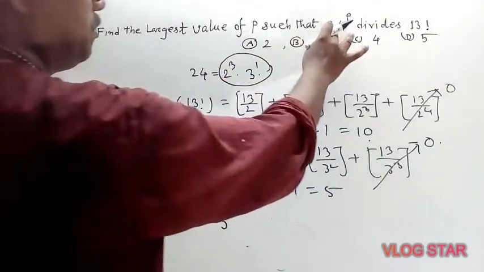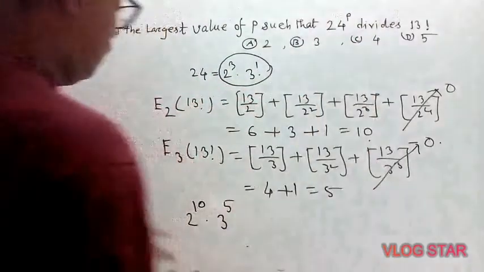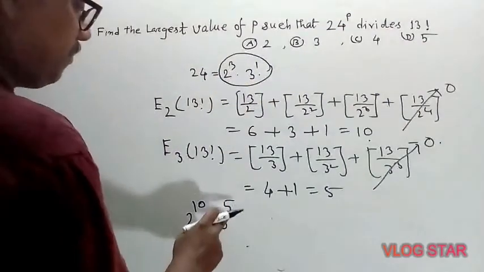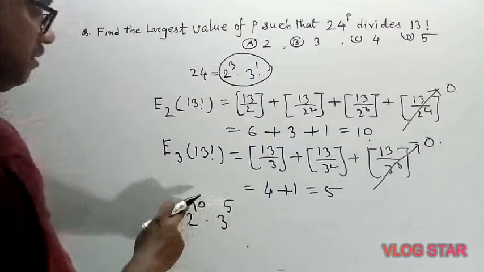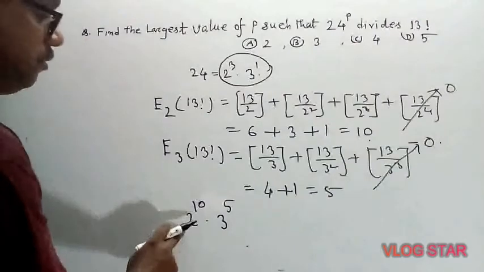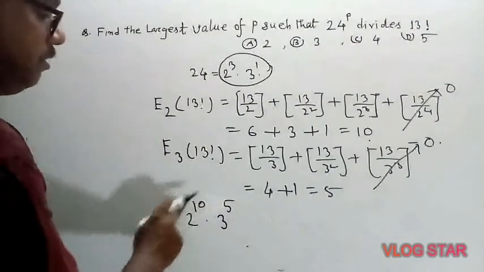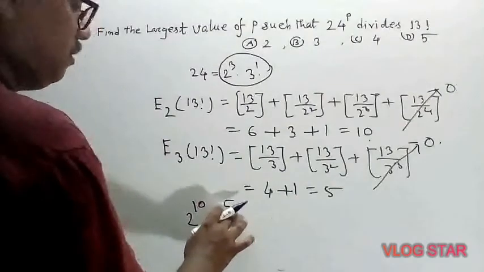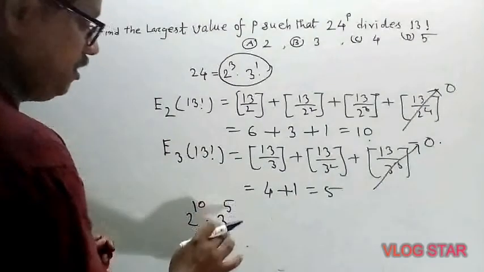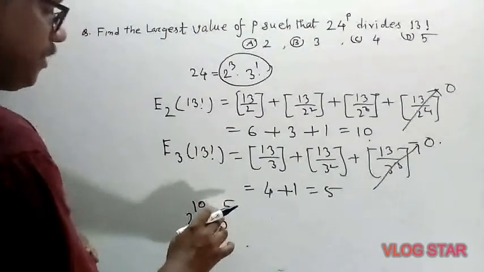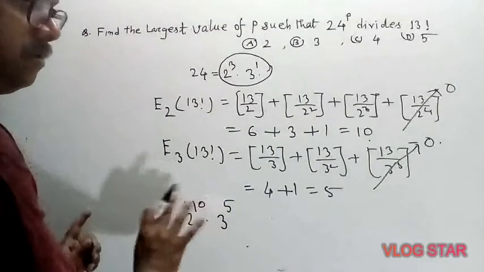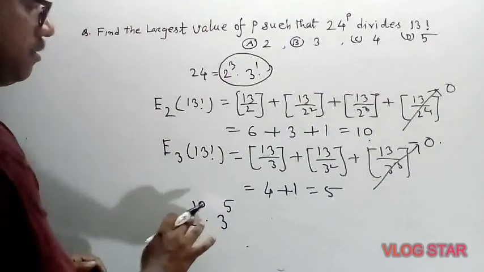Now we calculate how many 24s there are in 13 factorial. If we take five 3s, we need fifteen 2s, but there are only ten 2s, so we cannot take five 3s. If we take four 3s, we need twelve 2s, but there are only ten.